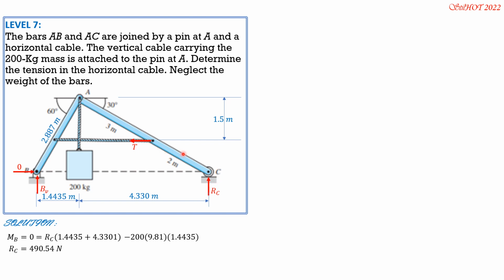Just imagine that this is isolated and we take moment at A equals 0. So these are the only forces involved, tension and R sub C. So considering clockwise positive, we have tension times 1.5, then minus R sub C, which is 490.54 times 4.330. So from there, we can solve for the tension, and it is equal to 1,416 newtons.